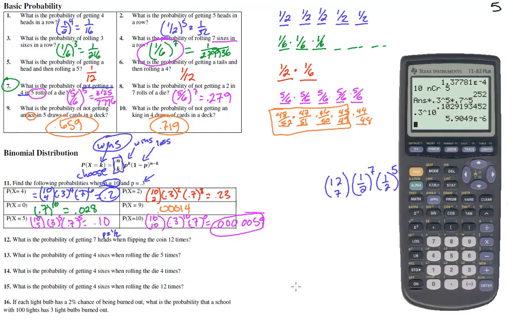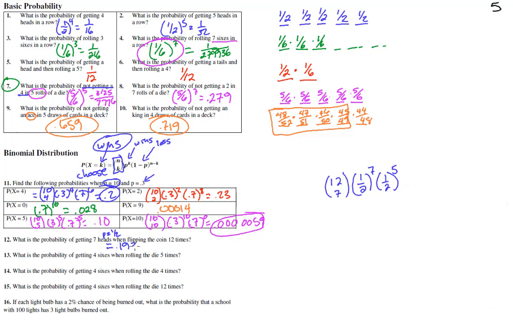So let's plug that into the calculator. 12 choose 7 times 0.5 to the 7th and 0.5 to the 5th, that's to the 12th power. So we get 0.193. Good deal.